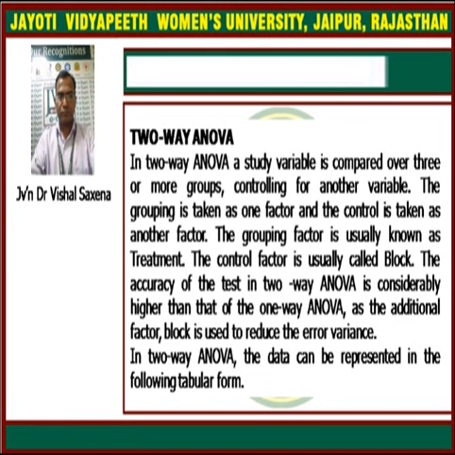Two-way ANOVA can also be defined as follows: in the two-way ANOVA a study variable is compared over 3 or more groups while controlling for another variable. Here again we see the same definition but in a different way. The grouping is taken as one factor, and control is taken as the other factor.